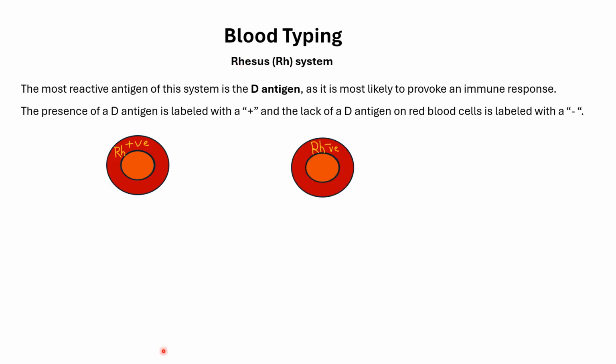If it lacks D antigen, we say it is Rh negative. So according to these antigens, we give either a positive or negative sign to the blood. And just as I mentioned before, Rh negative blood will have antibodies against antigen D, so it will have anti-D antibodies.